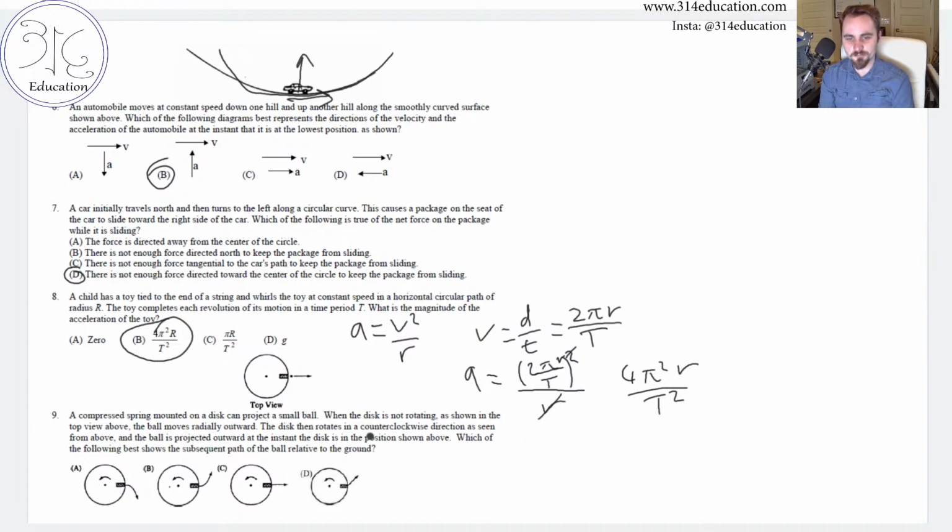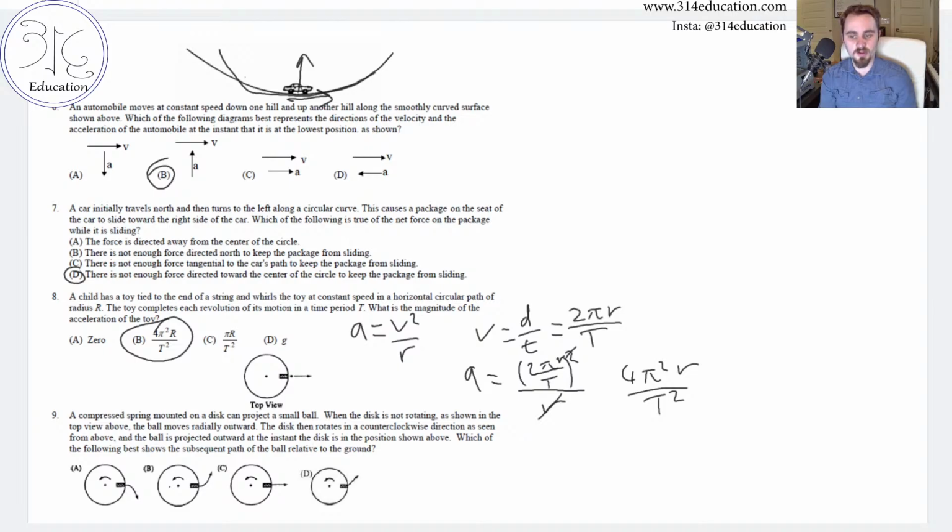Look at that. Good. Next we've got, last one for this page, a compressed spring mounted on a disc can project a small ball. Project like launch like a projectile, or project like a movie projector. There's a lot of old school terminology here.